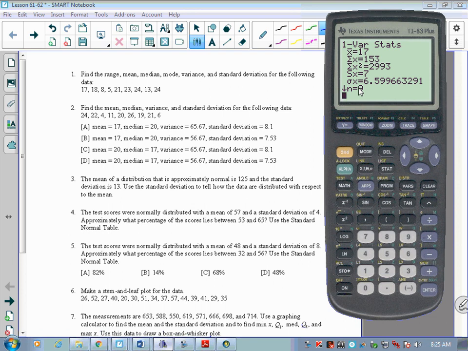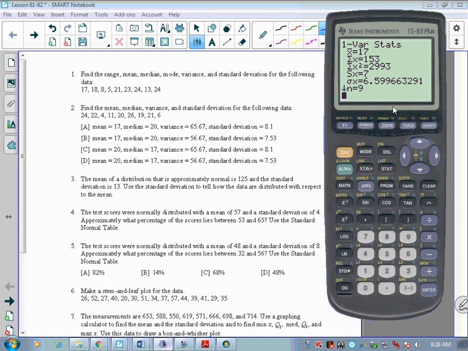So what I end up doing with my standard deviation in order to get variance is I'm going to take 6.6, or if I really want to be thorough, I can take all of this. But to get variance, variance is your standard deviation squared. Your standard deviation is the square root of your variance. 43.56 is your variance.